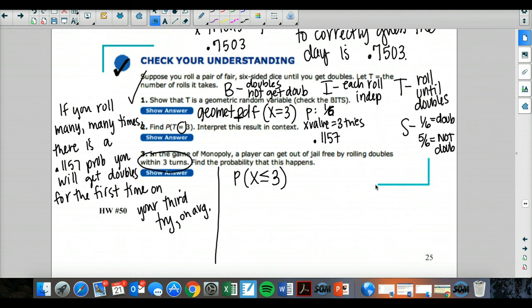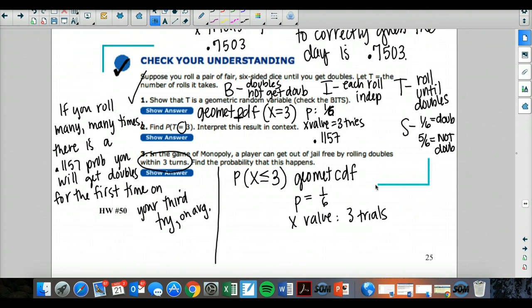So, instead of being a geometPDF, it is geometCDF. So second vars, I'm going down to geometCDF. My p is still 1/6. My x value is 3 trials.